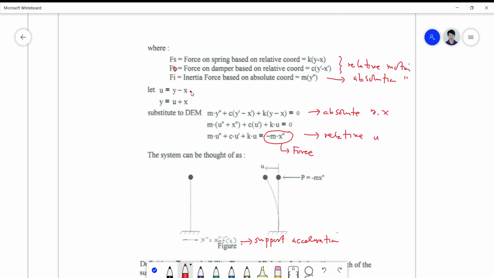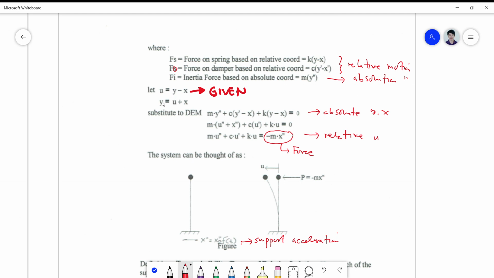This coordinate x is a given parameter, which is simply the support motion parameter or the earthquake parameter that is normally known to us.